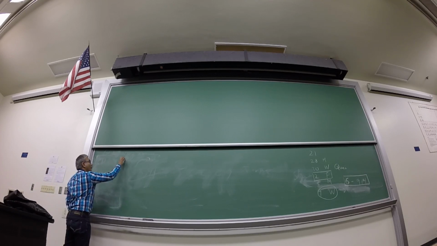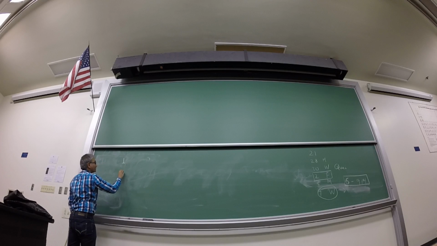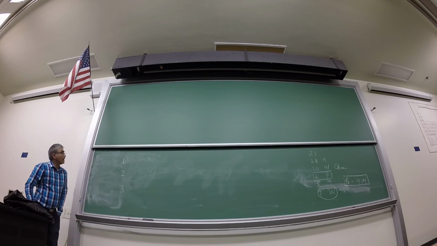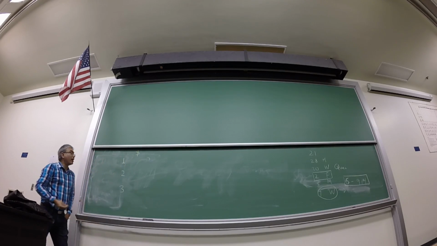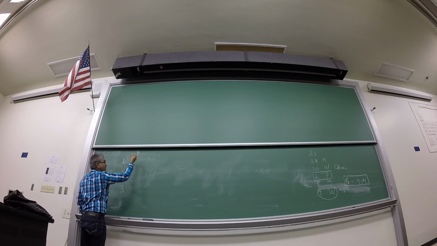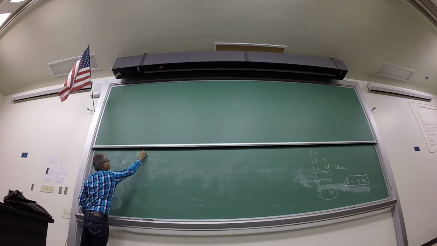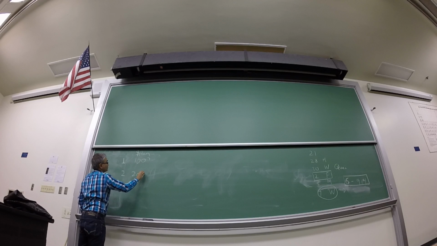Okay, let's say that you have metal 1, 2, and 3. And then there's a price associated with each of these. So let's say the price is in dollars per ton: 100, 200, and 400.